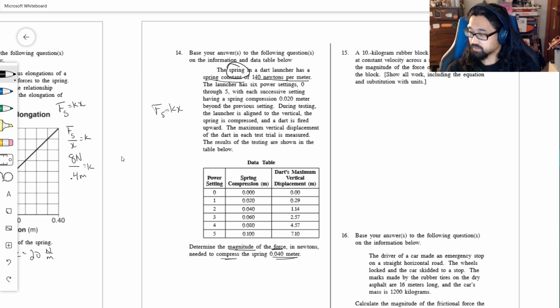Okay. So the spring force is 140 newtons per meter times 0.04 meters. So that equals 4.2 newtons, if my math is correct. I'm pretty sure it is. Move it over 2, multiply by 4.